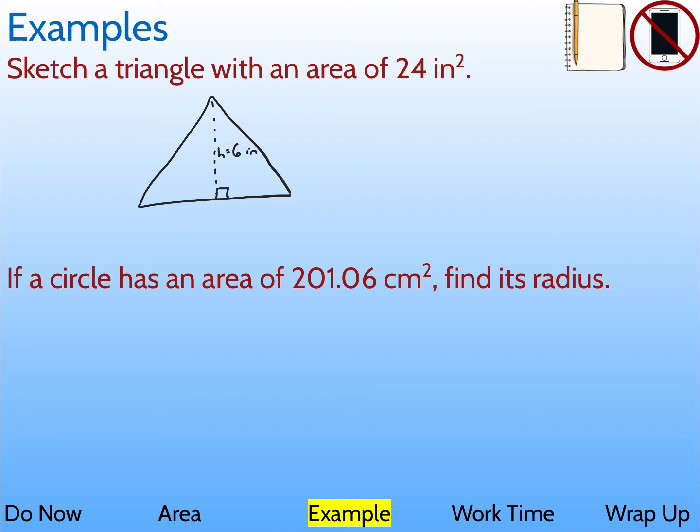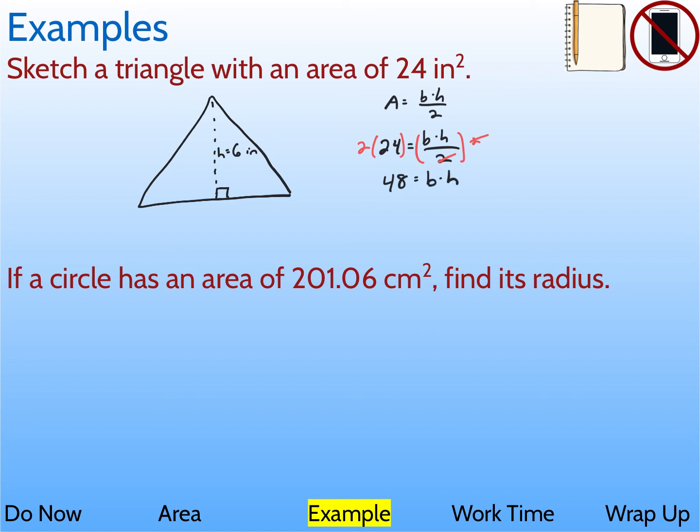So what we need here, we need the area, which is base times height over 2. We need that to equal 24. And really, what this means is that if we multiply by 2 on both sides here, to cancel that out from the right side, what we need is that our base times our height has to be 48.